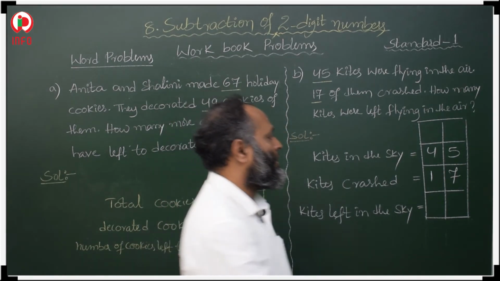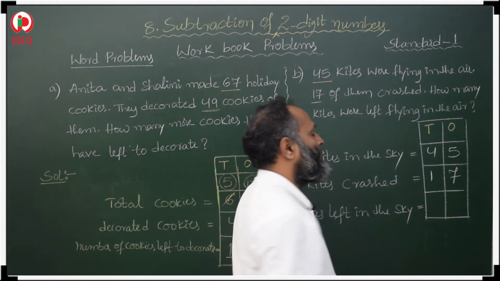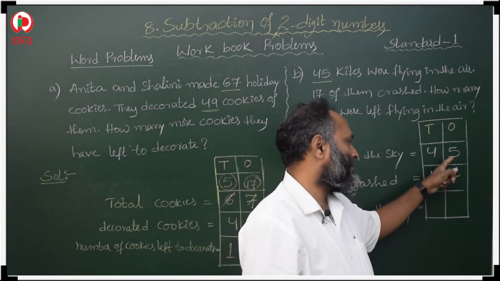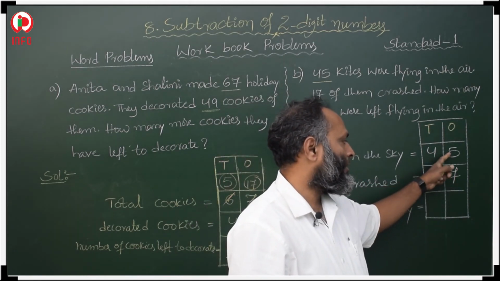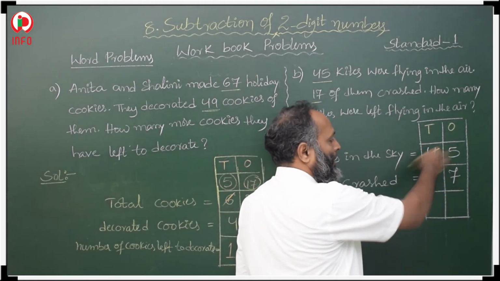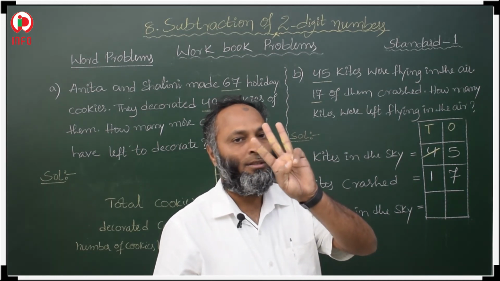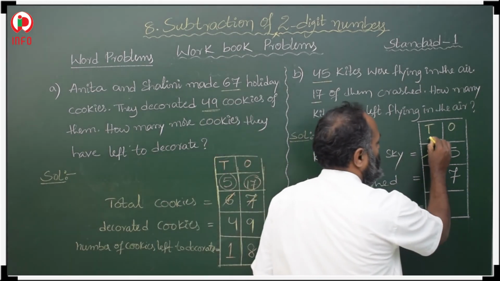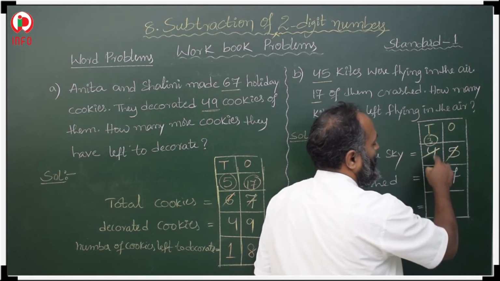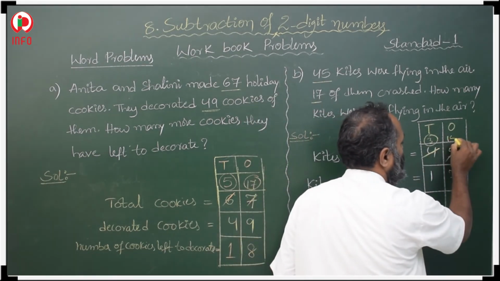Now this is the 1's place, this is the 10's place. First we subtract the 1's place, 5 and 7. 5 is less than 7, so we have to borrow from the next place. From 4 tens we take 1 ten as a borrow, then 3 tens are left. Here 1 ten is equal to 10 ones. 10 plus 5, 15 you will get here.